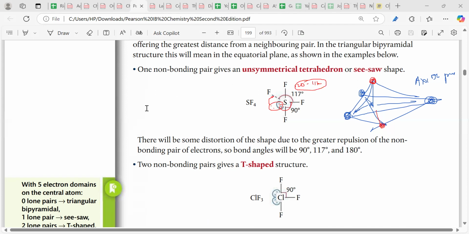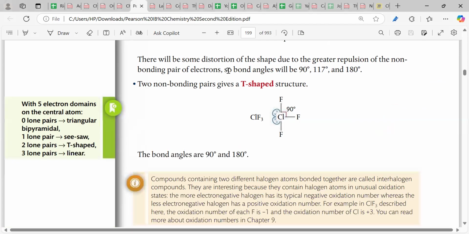Next thing is that if it is a T-shaped structure, there are 2 lone pairs of electrons in the 5 electron domain, and we keep them in the axial position.